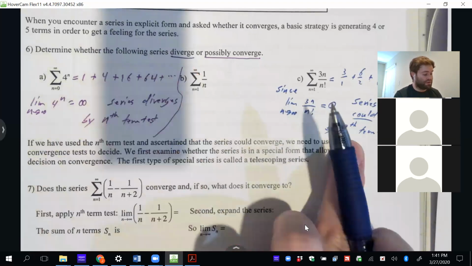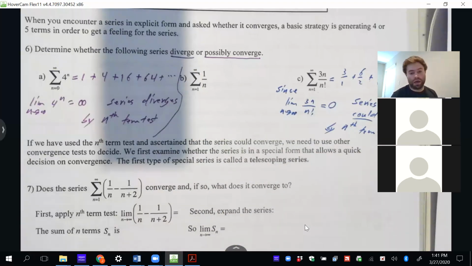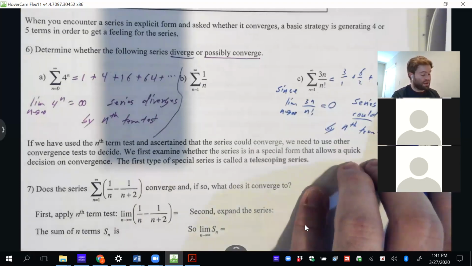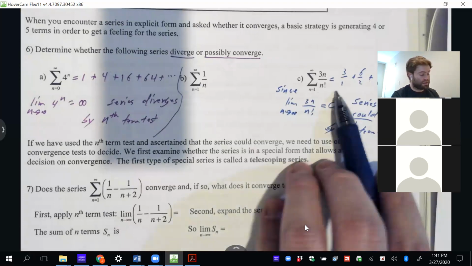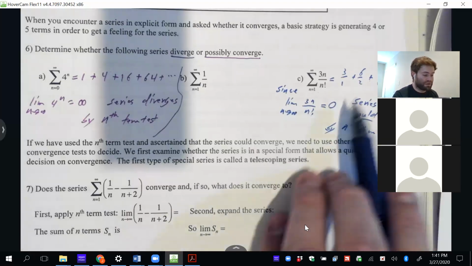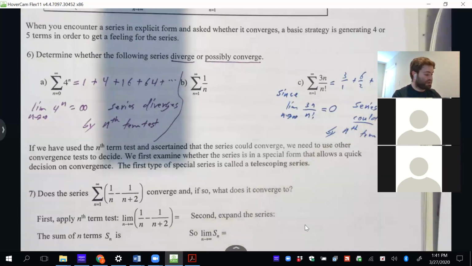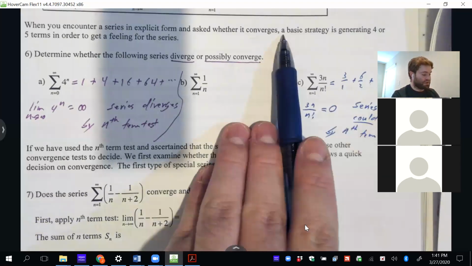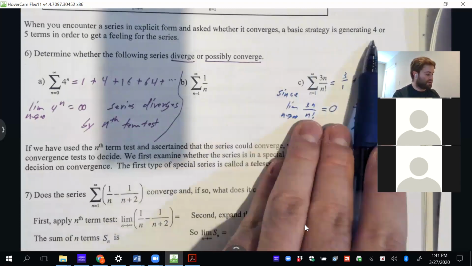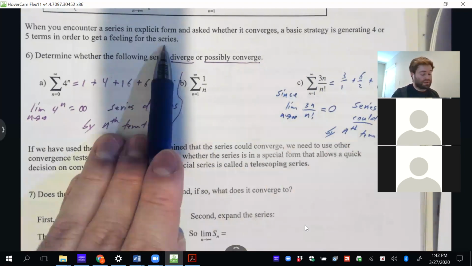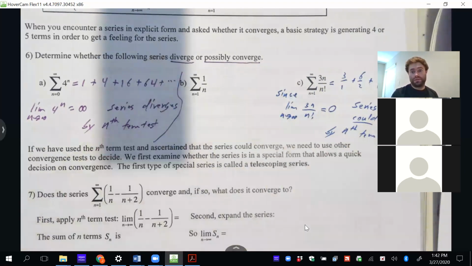Do we have to write out the sequence every time, like the first 4 terms? No, you would not. I just wanted to give you an idea of what was happening. Sometimes it's helpful visually to see that it is going more on the bottom than on the top. So you do not always have to write out some of the numbers of the sequence. One reason I did that here is it told us up here. A basic strategy is to generate 4 or 5 terms, get a feeling of what the series is doing.